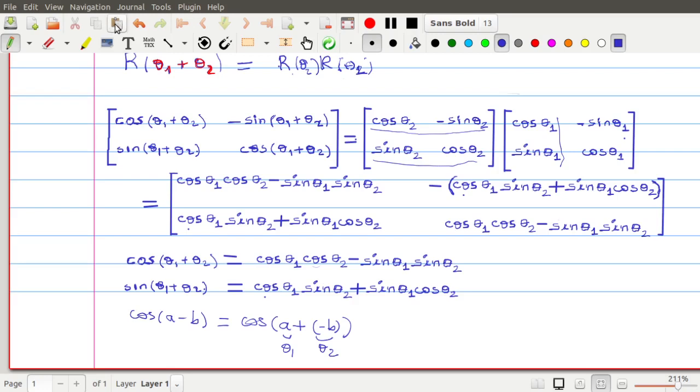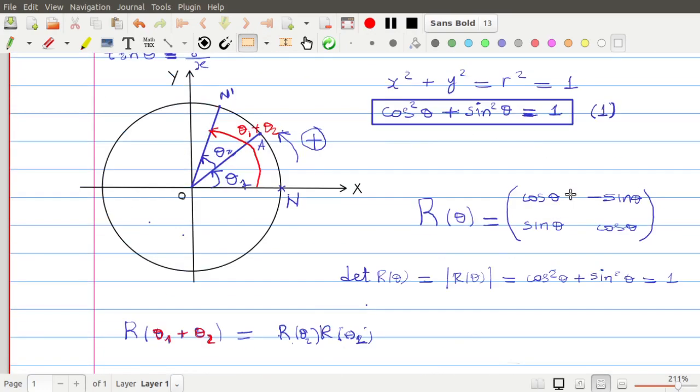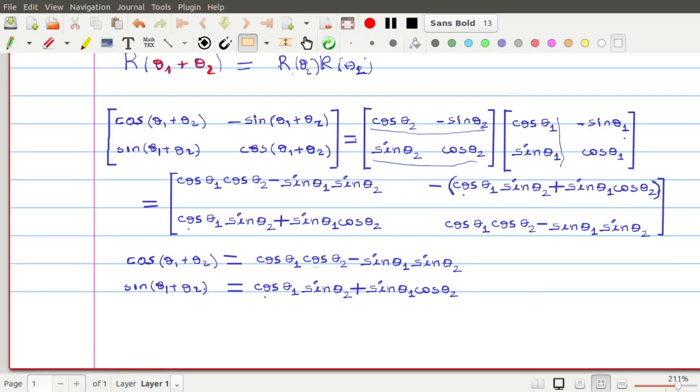Okay, so at this stage we can quickly derive other formulas. We have this first formula. Now we have two extra formulas here, 2 and 3. So we have 3 formulas in total.